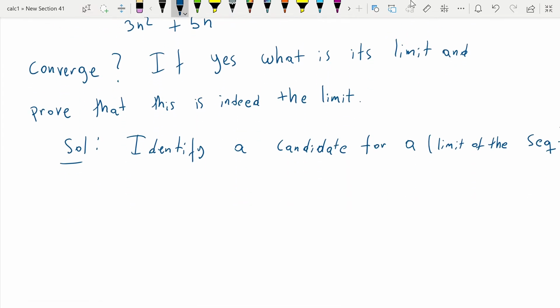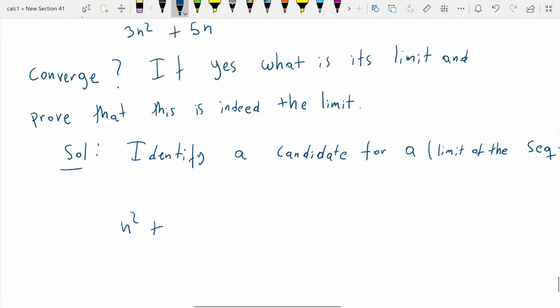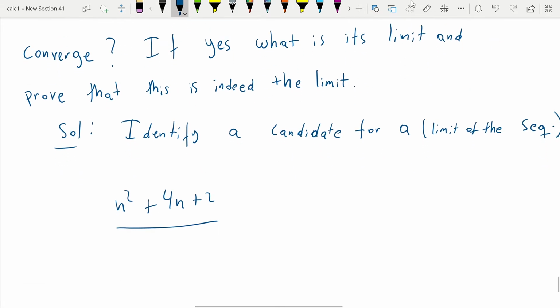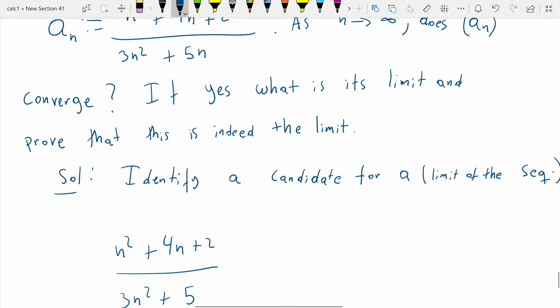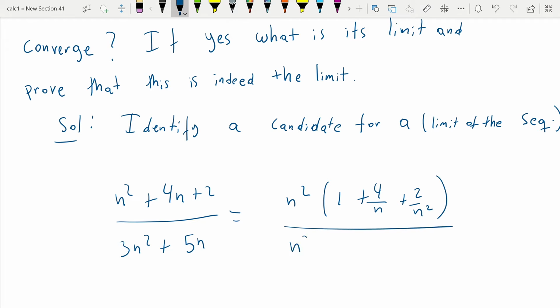Then if you remember from Calc 1, you were probably used to doing something like this. Sorry, it is 3n squared plus 5n. So you were used to taking out a factor of n squared on the top and the bottom. 4 over n plus 2 over n squared divided by n squared times 3 plus 5 over n.